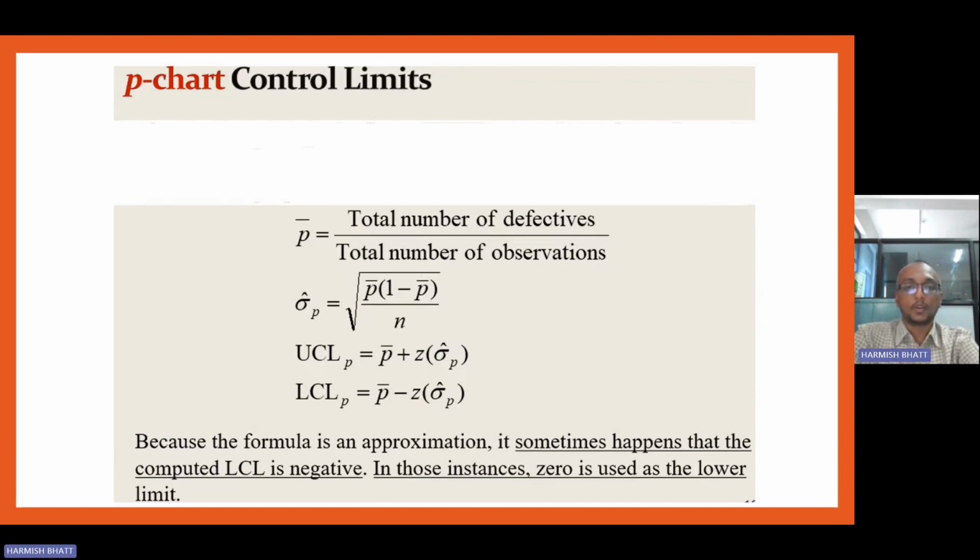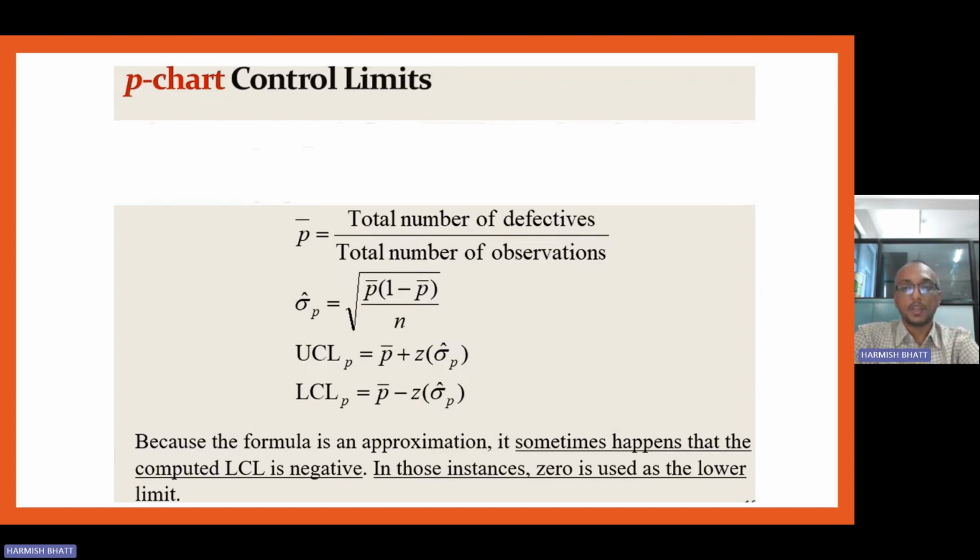Then the UCL for the P chart is equal to P bar plus Z into sigma P. Z is the number of standard deviations. Then LCL can be found by using P bar minus Z into sigma P.